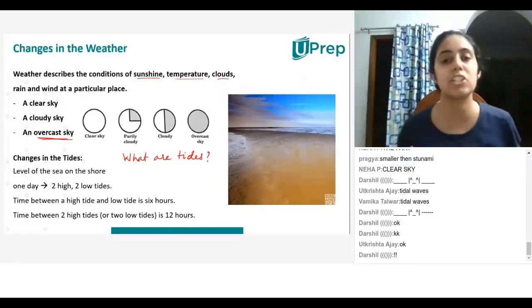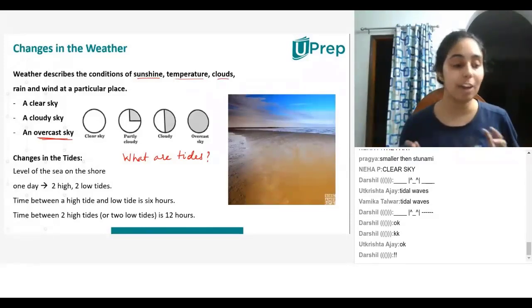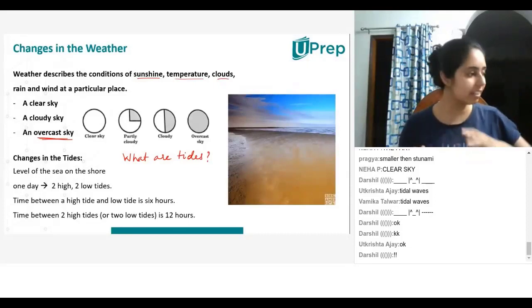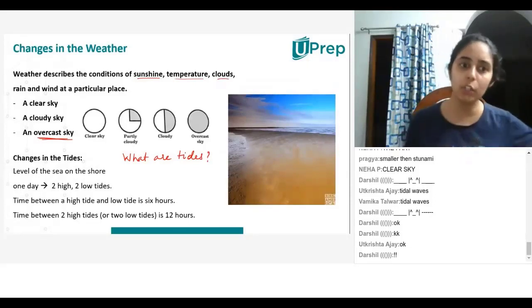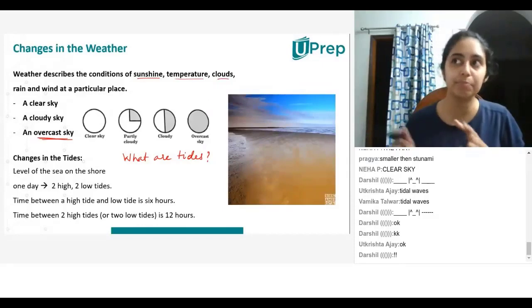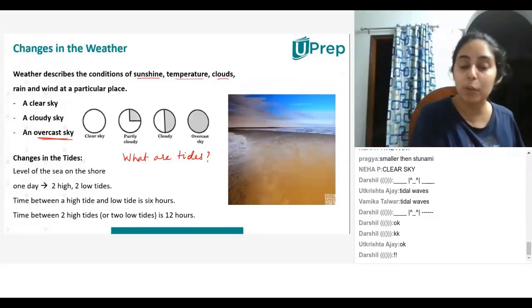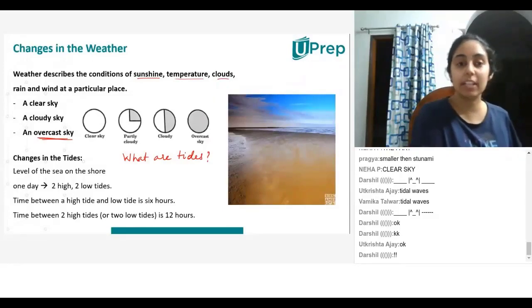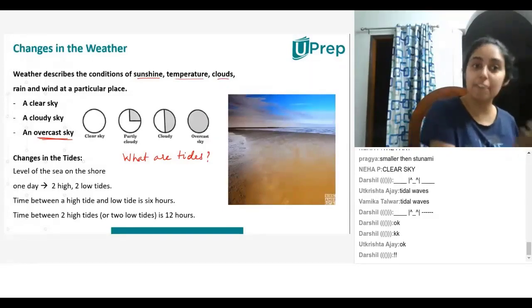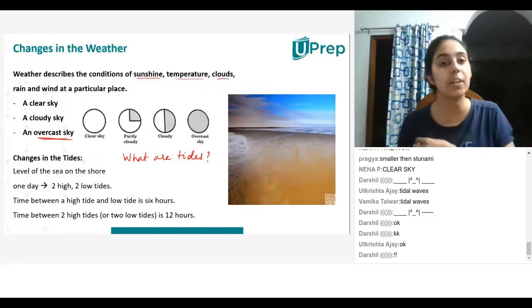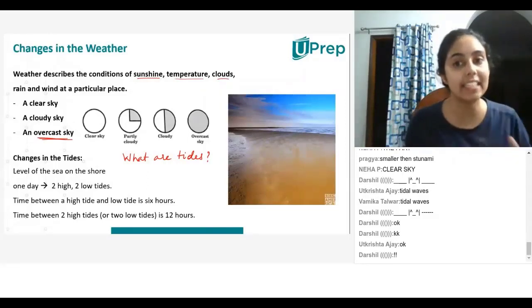Now after some time I start noticing that the water is moving towards my stuff on the beach. Eventually it will reach my stuff and pull all of it into the water, right? So that is called a high tide.